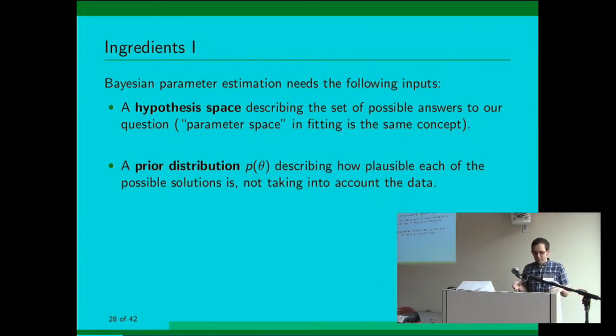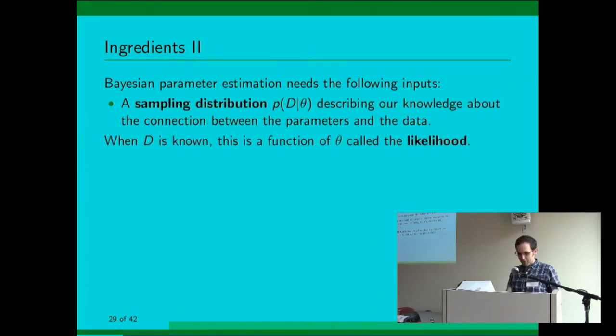If you want to go from just fitting a function to data in that way to doing a Bayesian version of it, you need to add something else, which is a prior distribution over your space. It's a probability distribution describing how plausible each of the possibilities is before taking into account the data, and that gets updated, becomes the posterior.